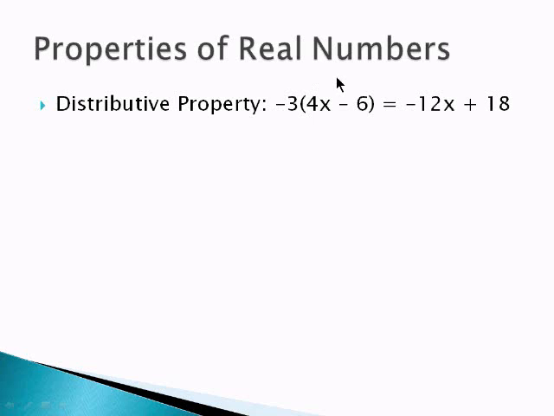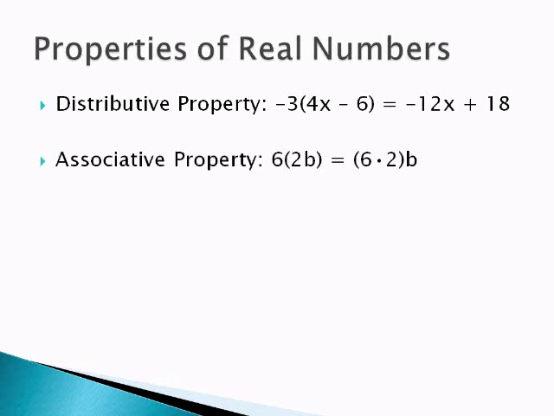And then we'll distribute the negative 3 also onto the minus 6 part. The minus 6 we're going to treat like it's a negative 6. So negative 3 times negative 6 is a positive 18. That's the distributive property, probably one of the most important of our algebra career.